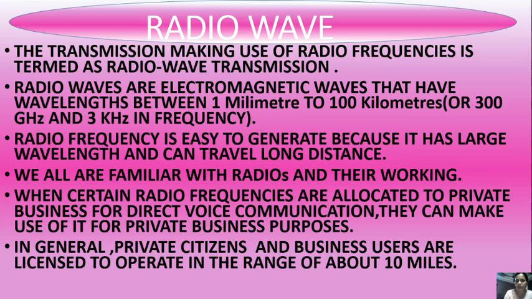We all are familiar with radios and their working. When certain radio frequencies are allocated to private businesses for direct voice communication, they can make use of it for private business purposes. In general, private citizens and business users are licensed to operate in the range of about 10 miles. So these are some points related to radio waves.